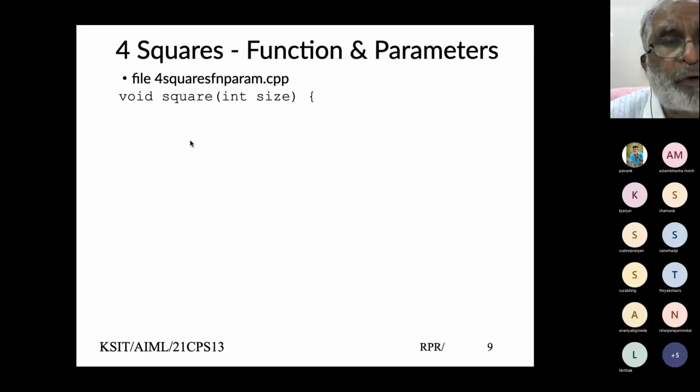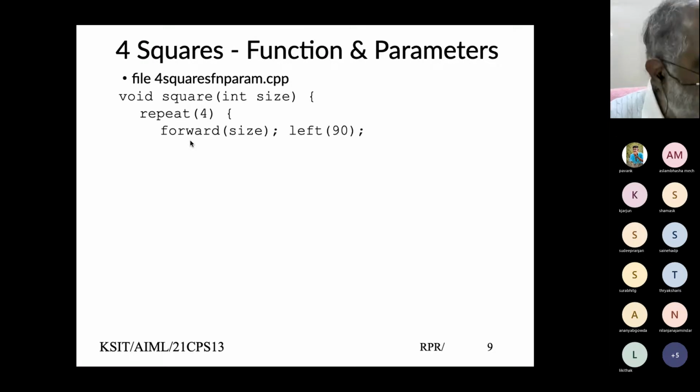So we look at a function here that I'm defining. I'm defining a parameter called size, and in the forward, which was 100 earlier, I'm using the value given as size here.